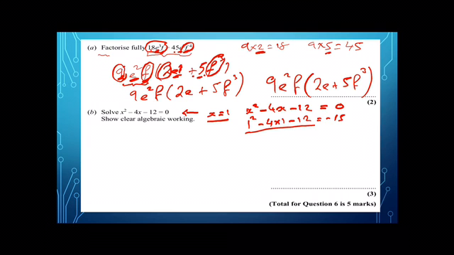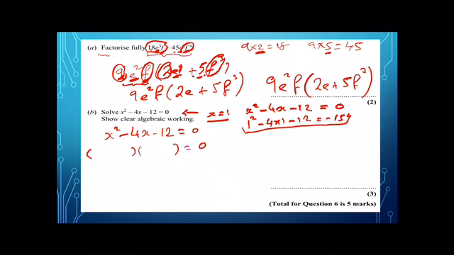Now the thing is, we could keep guessing, but we might have to wait a long time before we come across the correct answer. So in fact, what we need to do is to factorize this quadratic. Double brackets, don't forget, there is a multiplication sign, but we don't need to put it there, because that's what the double brackets means. If you remember, x times x is x squared.